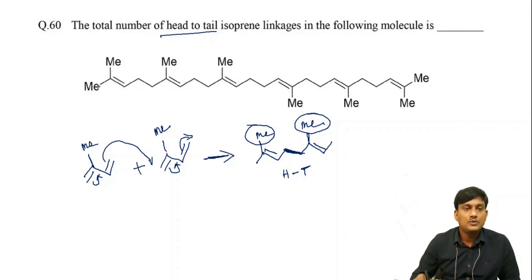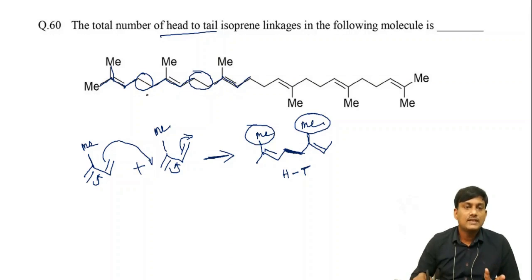and this is an isoprene unit. This one is an isoprene unit, and this is the bond, and this one is an isoprene unit, and this one is an isoprene unit, and this is a bond, and you have an isoprene unit.